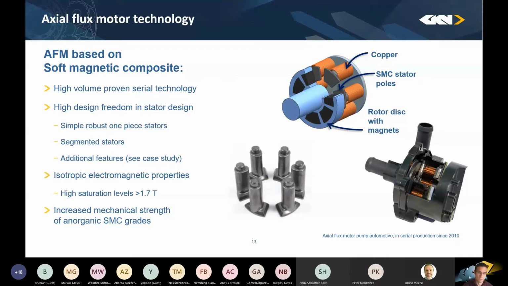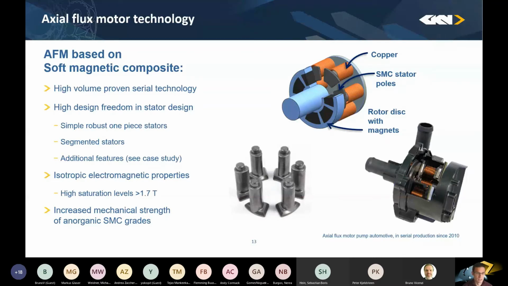So it's a proven technology, well established in the market for those experts and people who know that material. And of course, people choose SMC also because of the design freedom. So you can build very simple, robust stators. You can make segmented stators, and you can add additional features, as you will see in this case study.